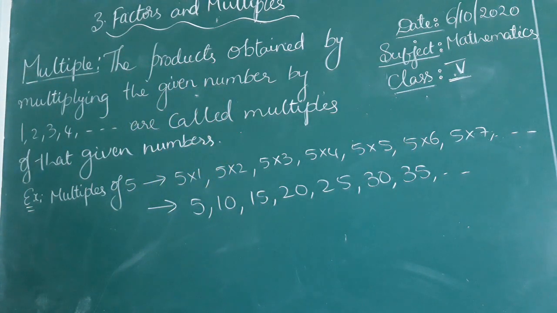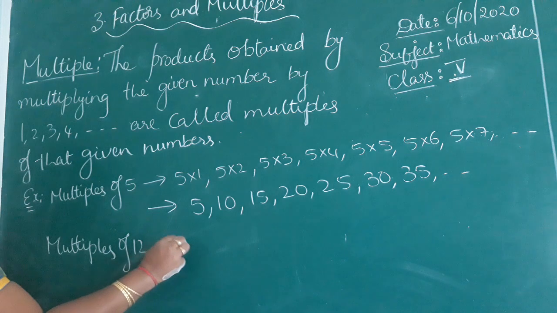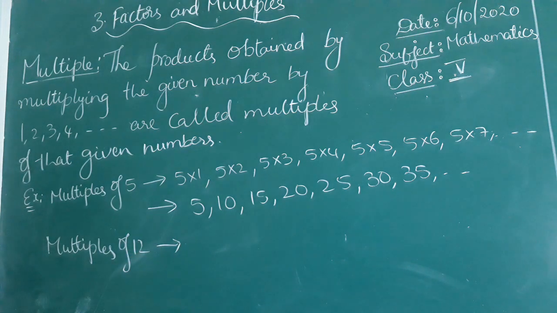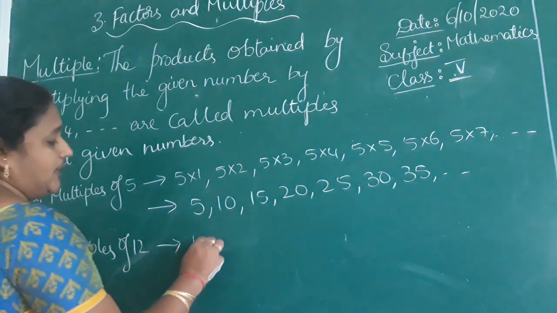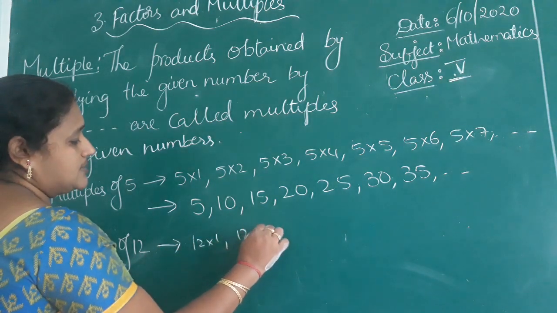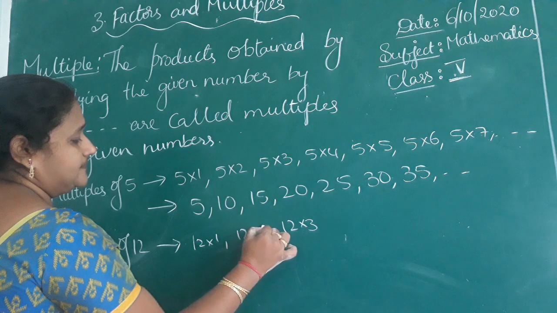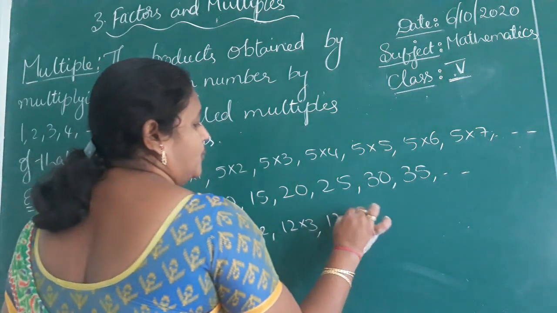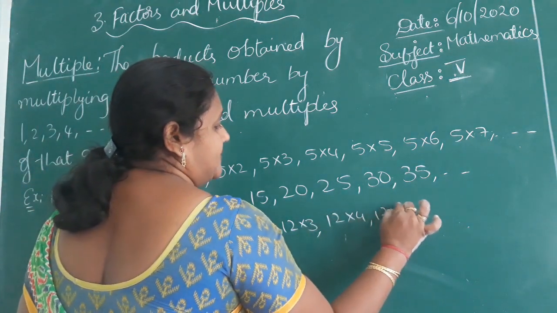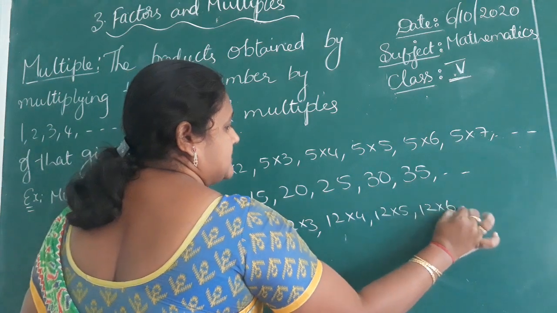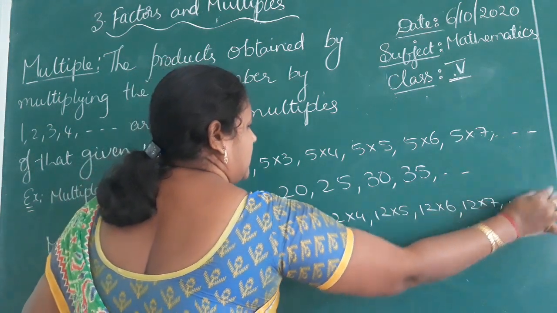Next, I would like to write the multiples of 12. What are the multiples of 12, children? 12 ones, 12 twos, 12 threes, 12 fours, 12 fives, 12 sixes, 12 sevens, like that and so on.